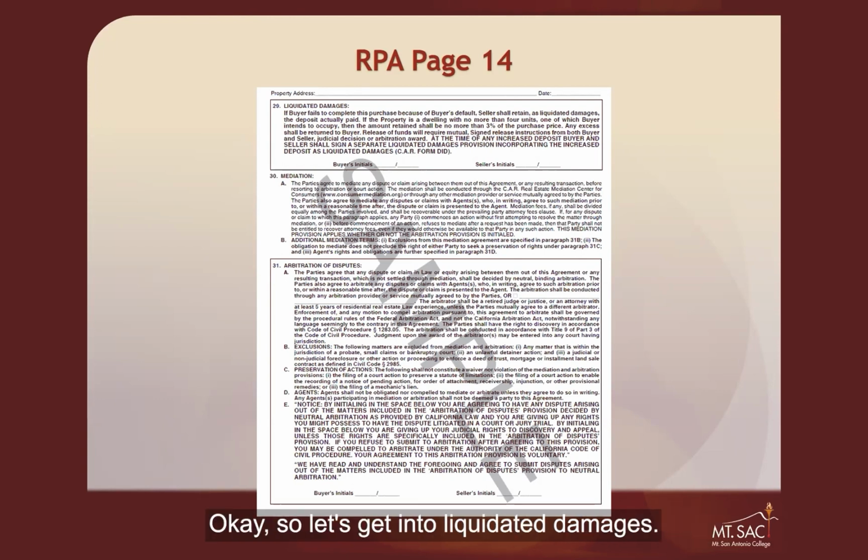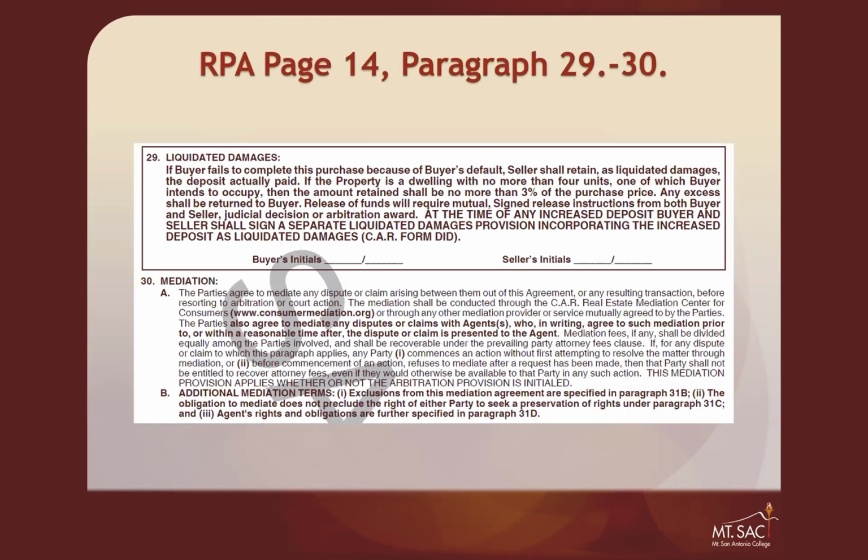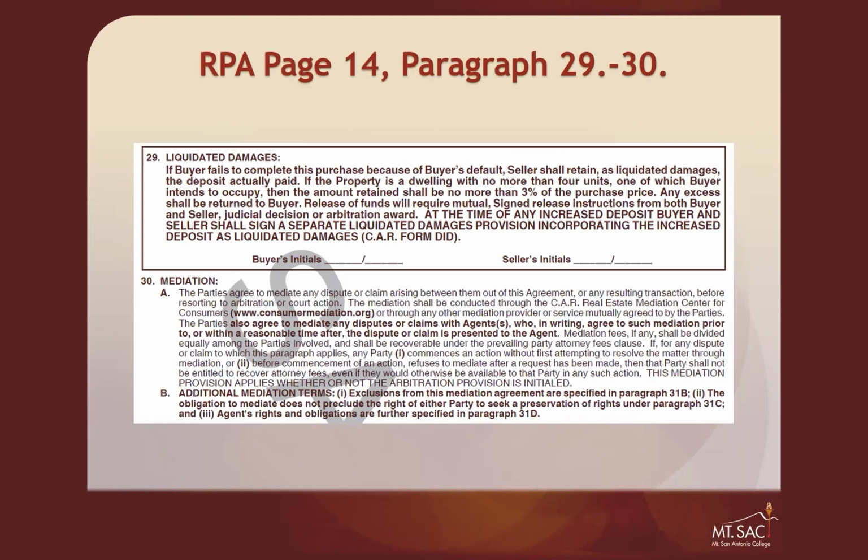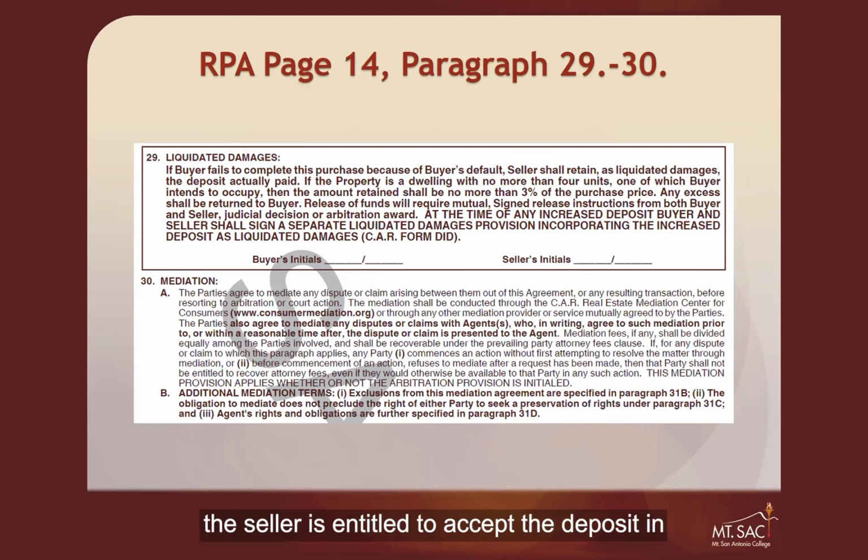All right. Okay. So let's get into liquidated damages. As I mentioned before, if this paragraph is initialed by both parties, buyer defaults, which means cannot perform or will not perform after releasing all contingencies, then the seller's entitled to accept the deposit in lieu of suing the buyer for damages.